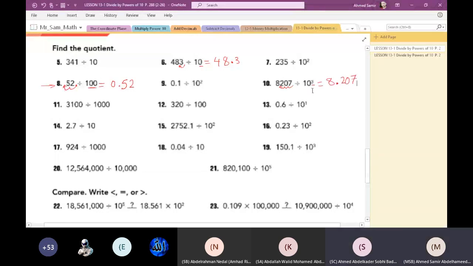Number 12 coming from 5A, and I'm choosing from 5A. Abdulaziz Rashid. Are you there? Abdulaziz? Abdulaziz, are you there?